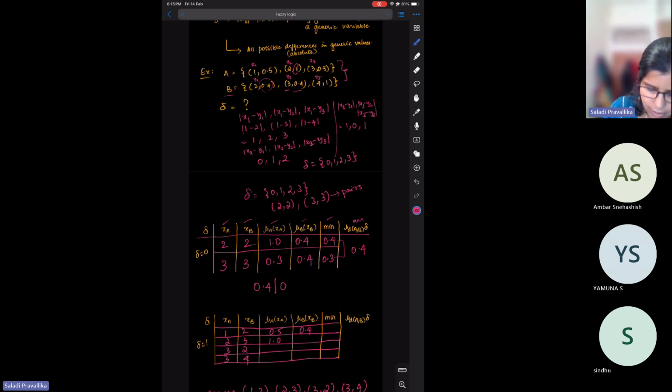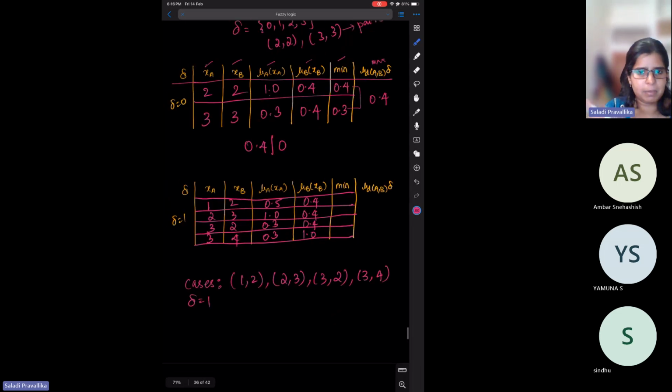For x equal to 3 in fuzzy set B, it is 0.4. For x equal to 3 in fuzzy set A, it is 0.3, and here as well for x equal to 2 in fuzzy set B it is 0.4. And x equal to 4 in fuzzy set B, the value is 1.0.